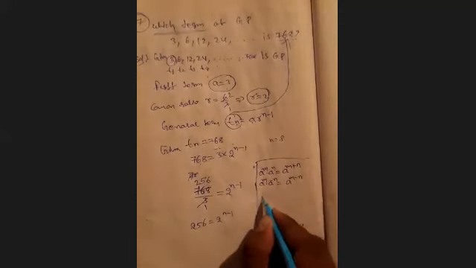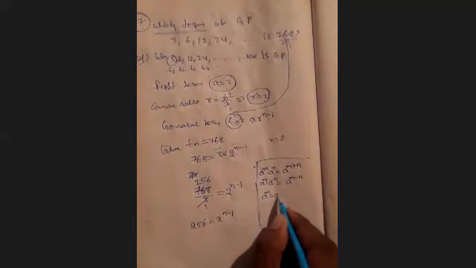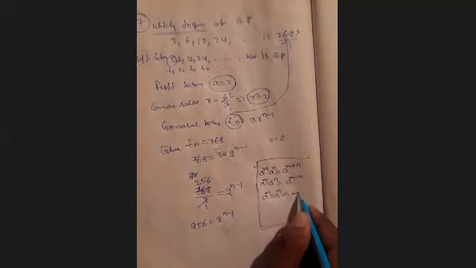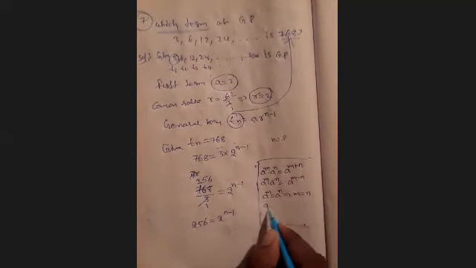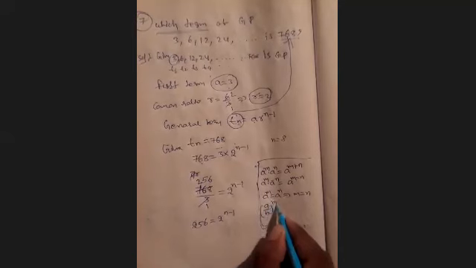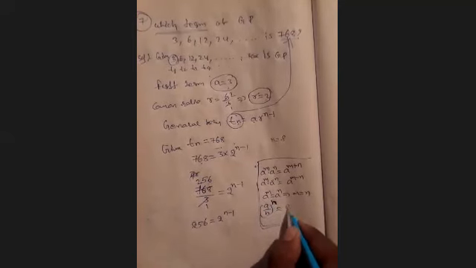And a power m is equal to a power n, that implies m is equal to n. And a by b whole power n is equal to a power n by b power n.